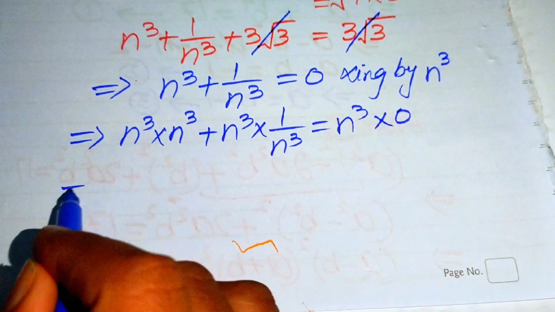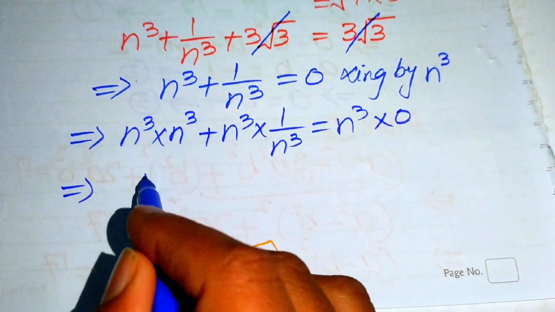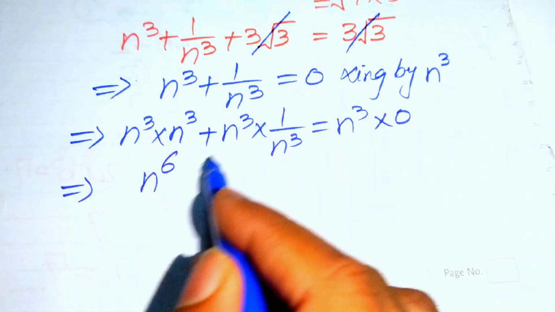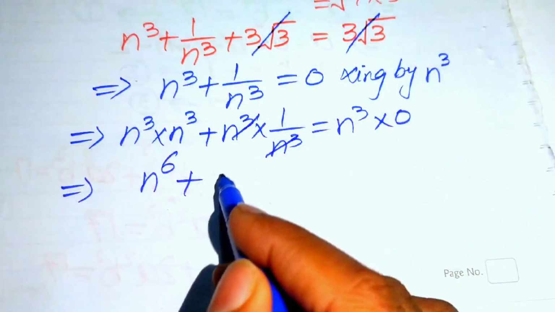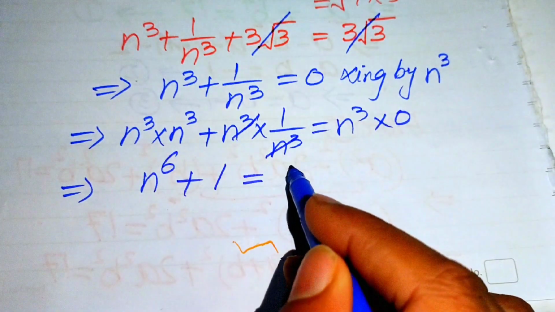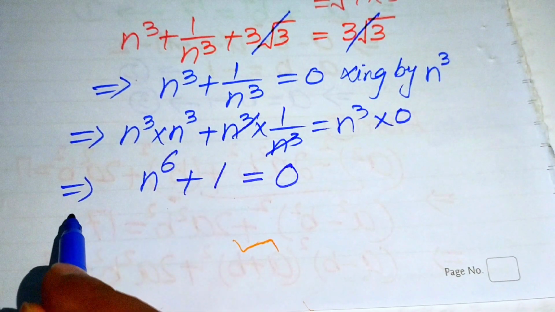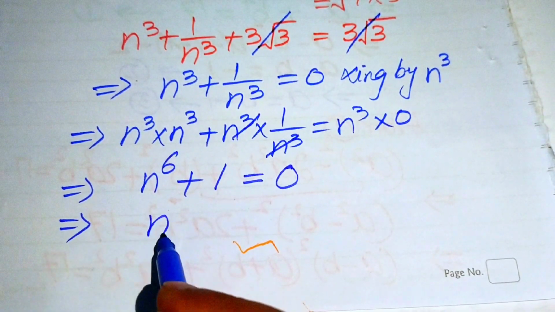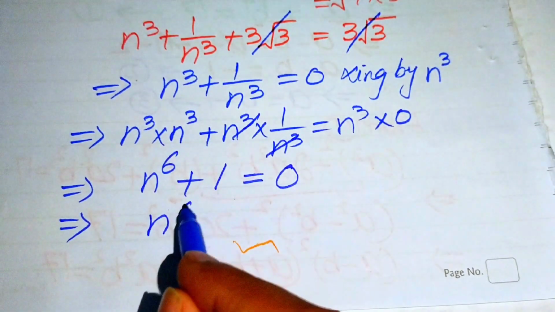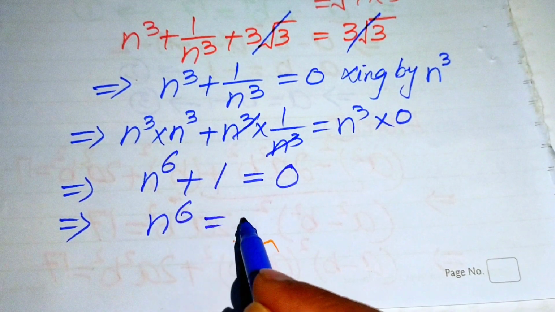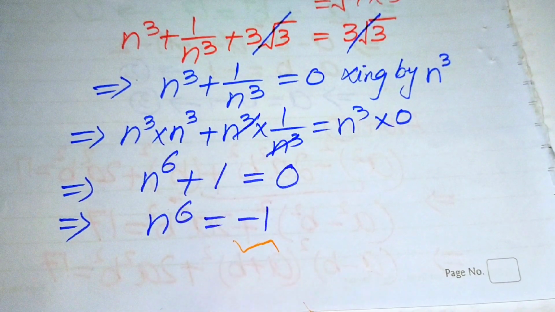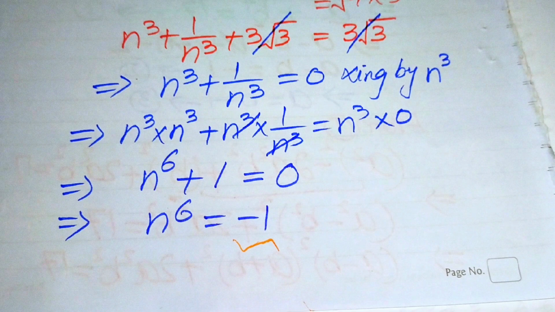So you get n to the power of 6 plus, here these are cancelled by each other and we get plus 1 equals 0. We move plus 1 to the right hand side and we get n to the power of 6 equals minus 1.